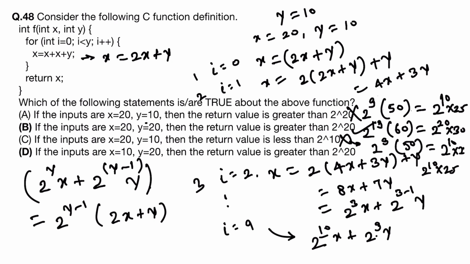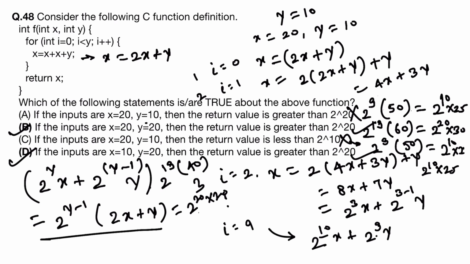Next, 2 to the power 20, just see its value, 2 to the power y minus 1, 19, 2x plus y, 20 plus 20, 40. So this will be 2 to the power 20 into 20, greater than. So this is also true. So true statements are B and D. So just generalize the formula, 2 to the power y minus 1, 2 to the power 2x plus y, and put the value of x and y and check. So correct options are B and D.